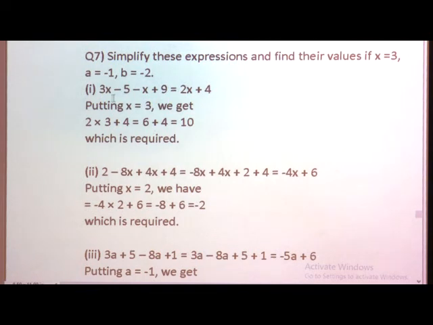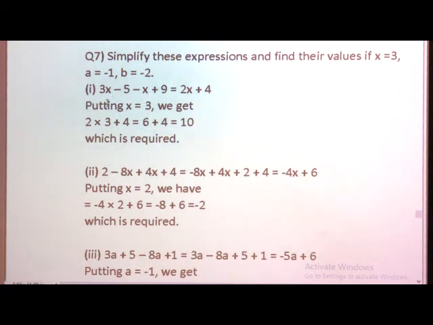So, by substituting this value we can find it out, but before this we can see there are some like terms. We have to first find the like terms and then substitute the values. Here the 2 like terms are 3x and minus x.